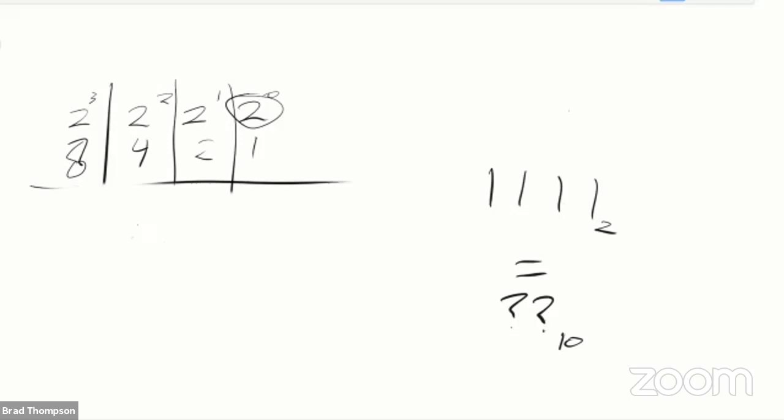Anybody? You are correct. The answer is 15 because we have an 8 and a 4 and a 2 and a 1, which when added together gives you 15.